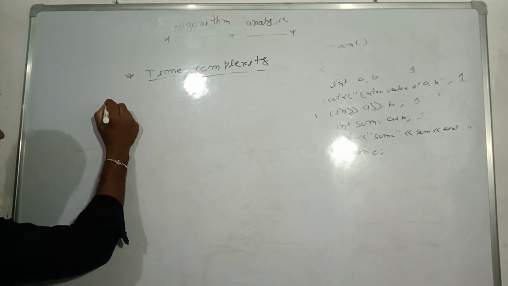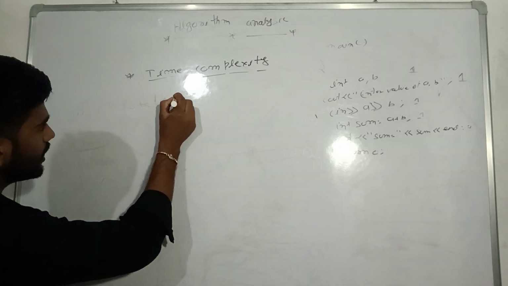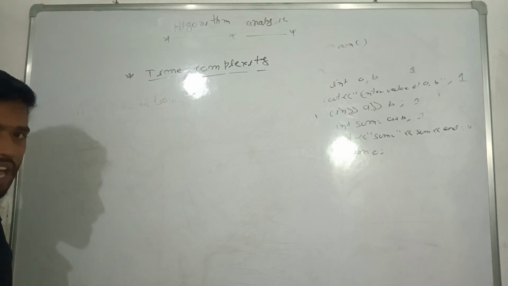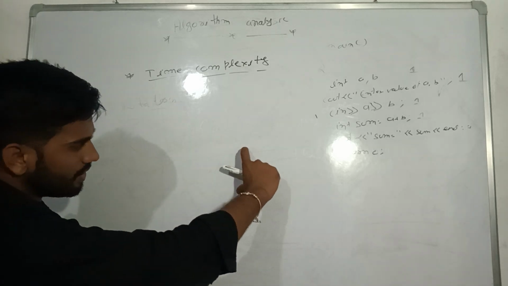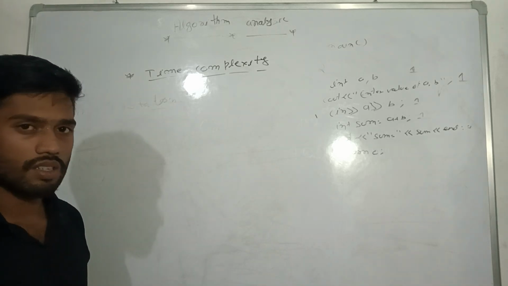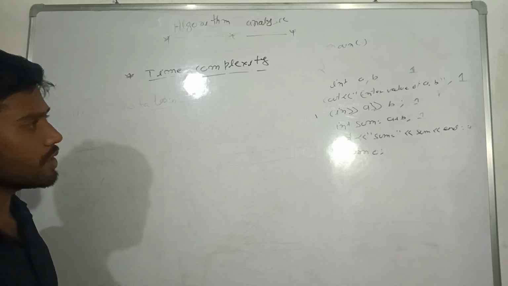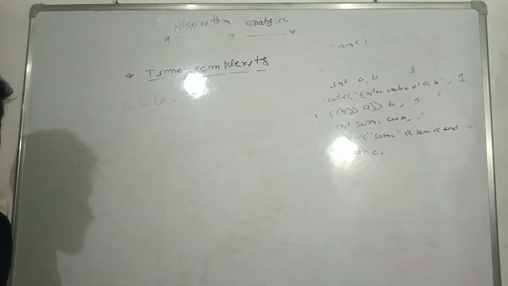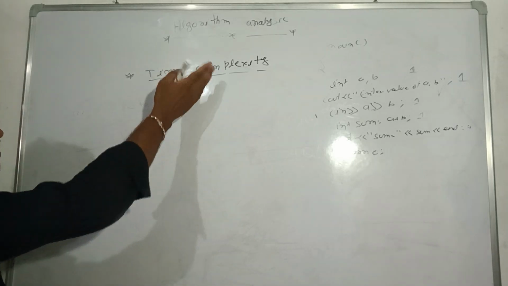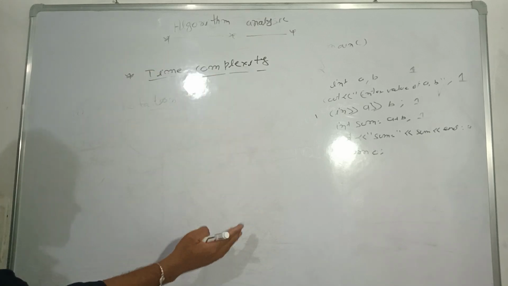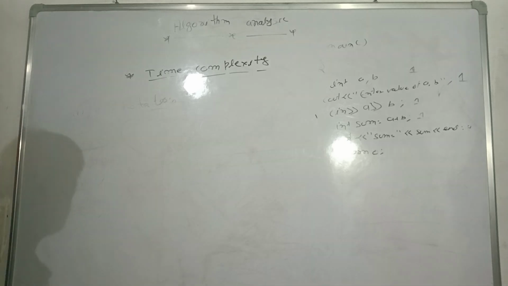Theta notation actually shows the average time complexity to execute this problem. The average time complexity is not an upper bound and not a lower bound, but in the middle.